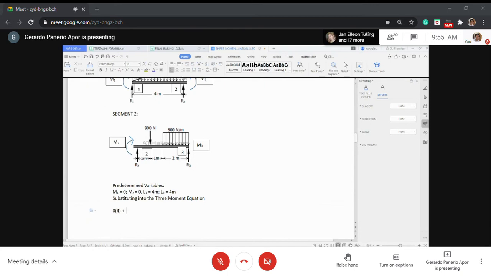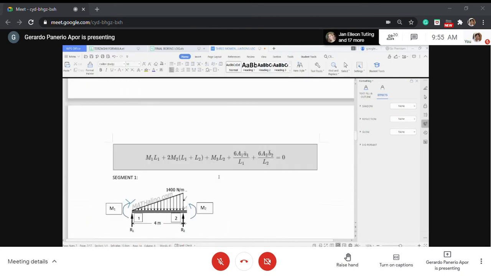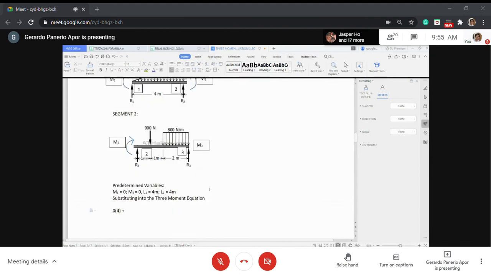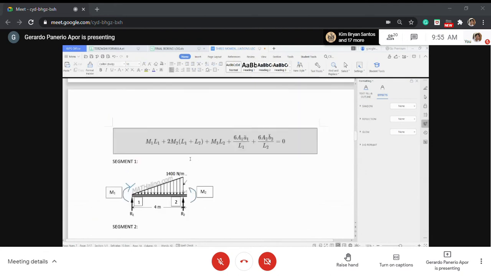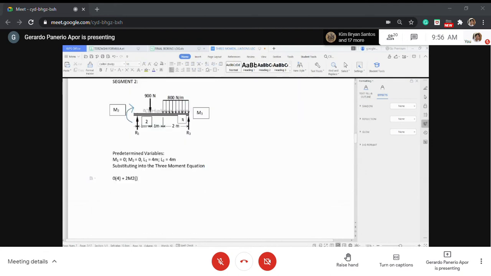Okay, so you have 0 times 4, plus 2 times M2 times the quantity L1 plus L2, so you have 8. Okay, this one is a subscript. Sigma, this is the multiplier.